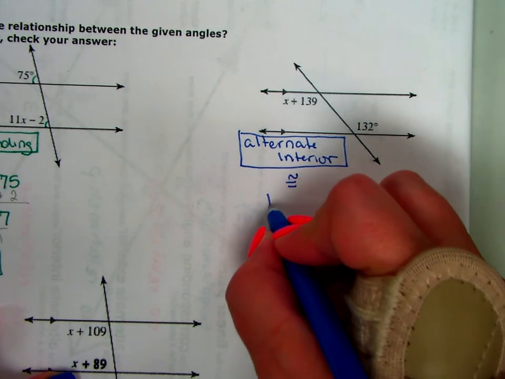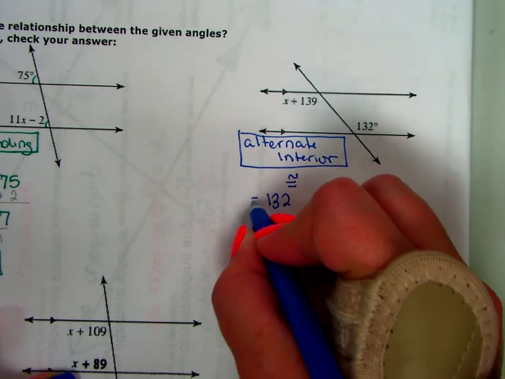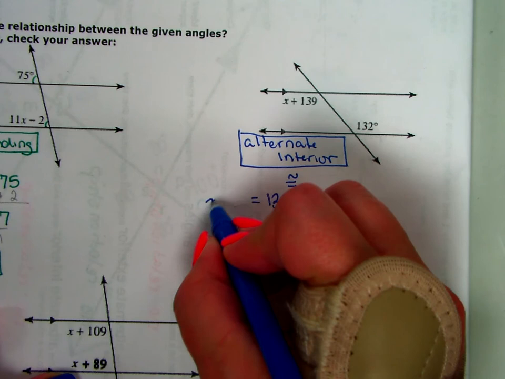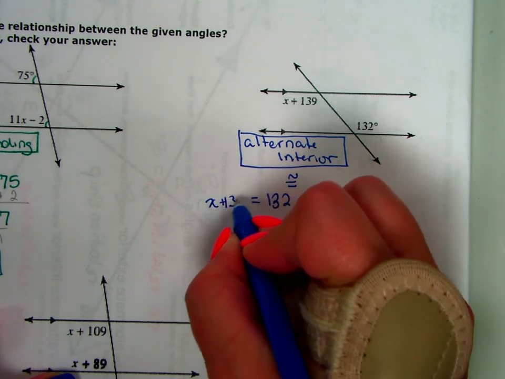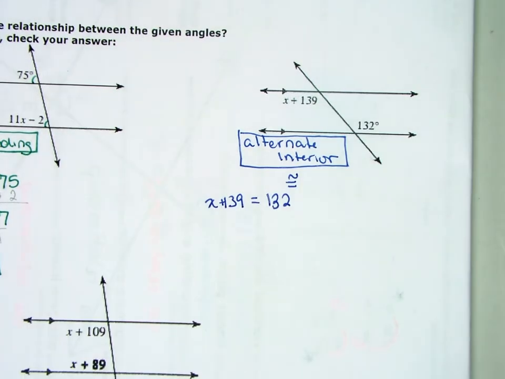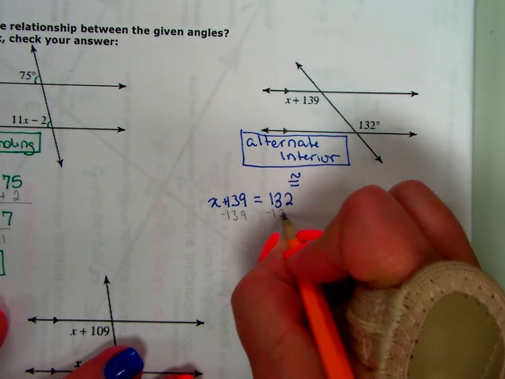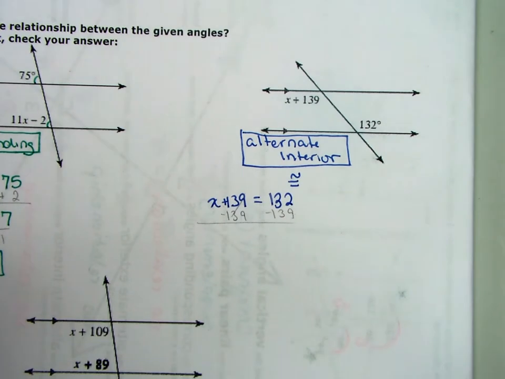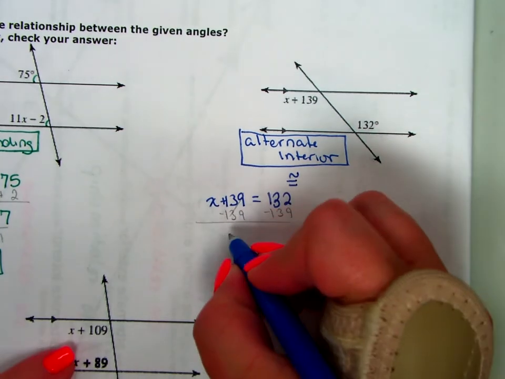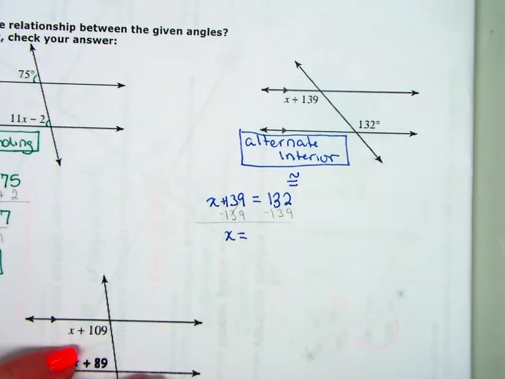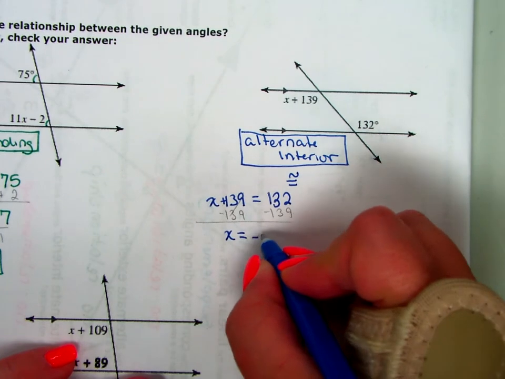So that means the measure of one angle, 132 degrees, is equal to the other angle, x plus 139. I wrote it so my x was on the left-hand side. I wrote it backwards of how I said it. Okay? How do I solve this one? Subtract 139. Subtraction property of equality gives me that x equals what?